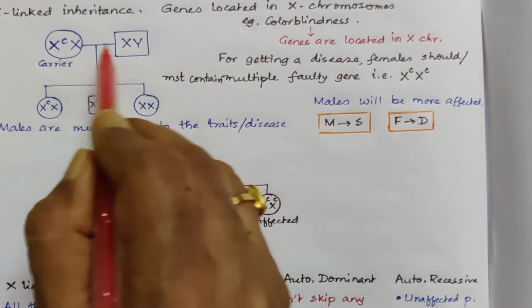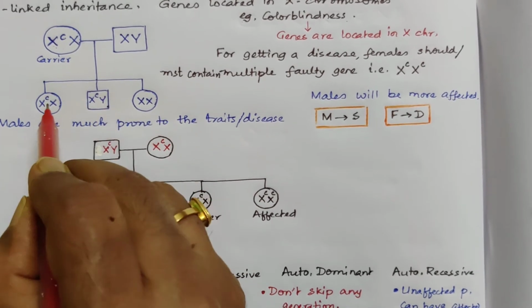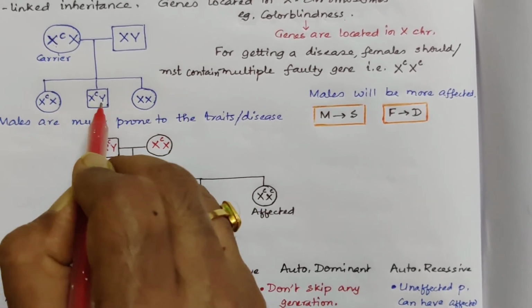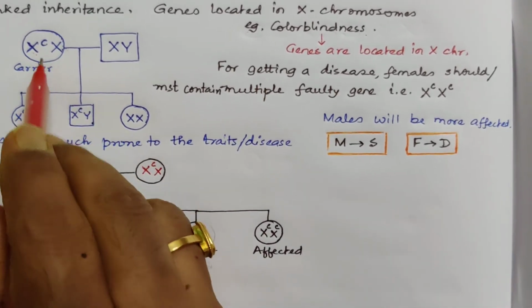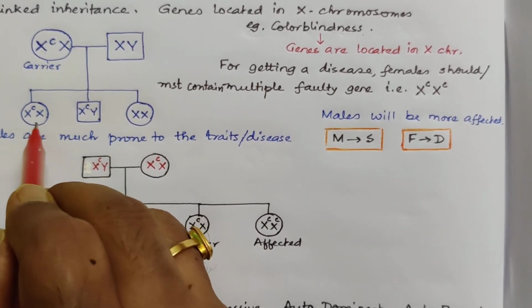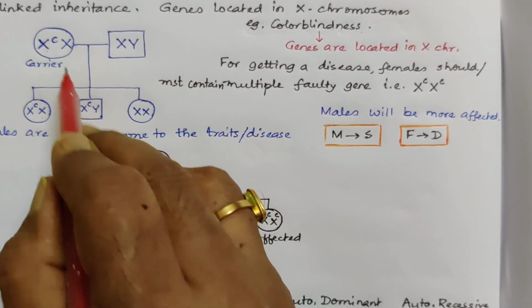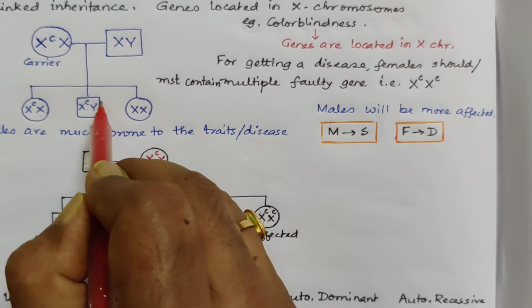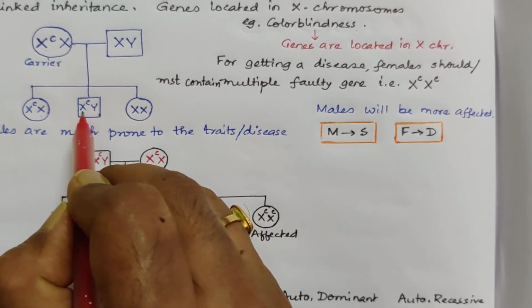Now if this carrier female marries a normal male, there are three options, means they are having two daughters and one son. This is XCX, that means similar to the mother's genotype, that means this is carrier, this is not affected. But the male is affected, because male is not having another X chromosome which can make this recessive.